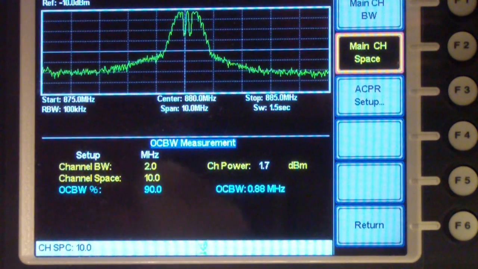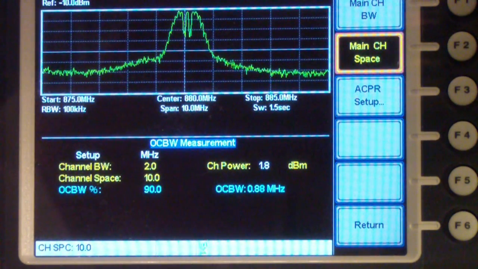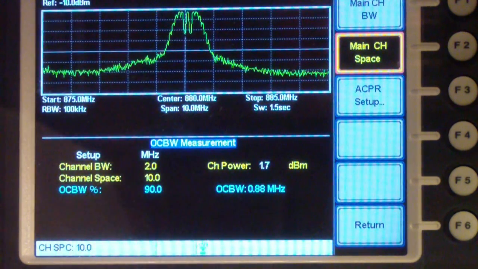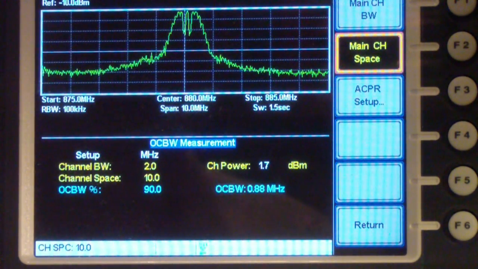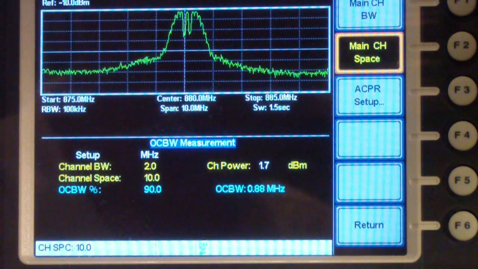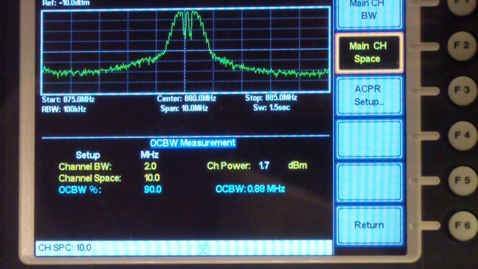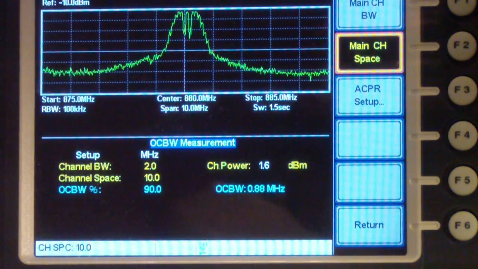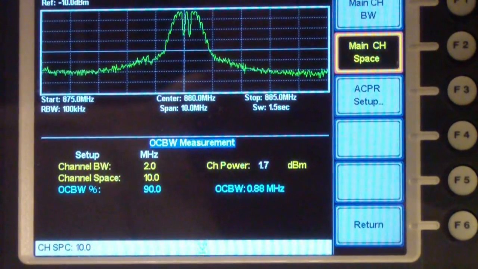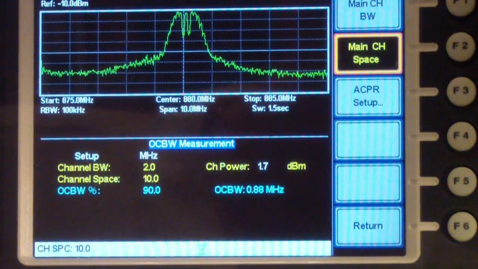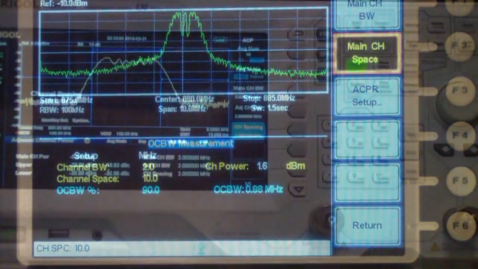And that is one of the places where these kinds of measurements are very important. When a cell tower is pretty well occupied, adjacent channel power ratio and occupied bandwidth become very important. If you don't have enough occupied bandwidth, your signal isn't getting out. If you have too much occupied bandwidth, you're spilling over into adjacent channels and you're interfering with other conversations. So that is ACPR and OCBW measurements on the Instek spectrum analyzer.